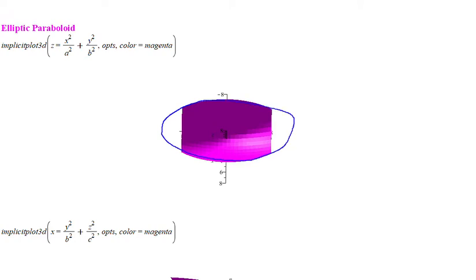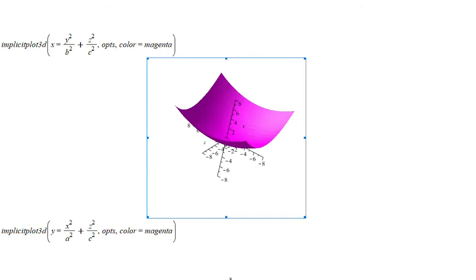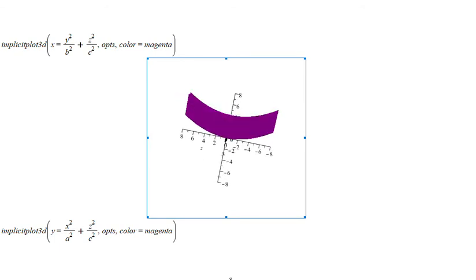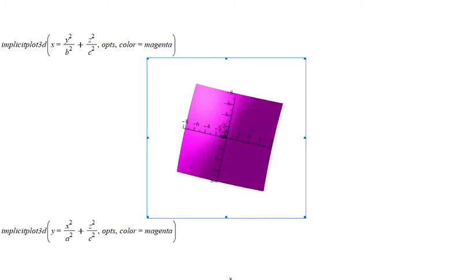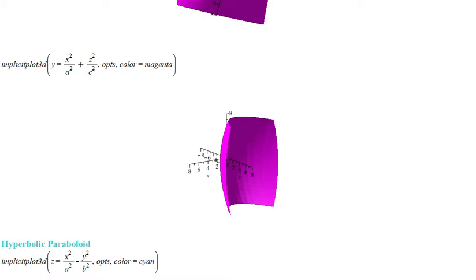We will turn it to look at the x's and z's. Let's get our z axis. So there's our x's and z's, and we have very similar looking hyperbolas in that direction.